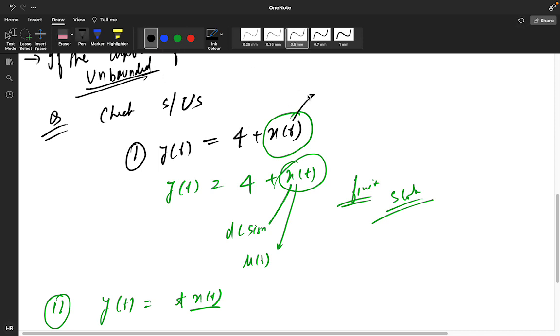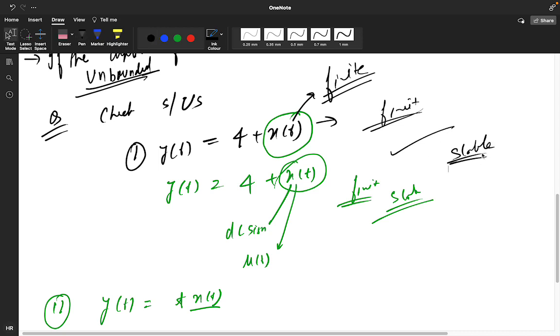Because for x of t you have to put a finite value only. Your input should always be finite. So if you put a finite input, you will get a finite output. For finite input, finite output, in this kind of equation you will always get that. So the system is stable.